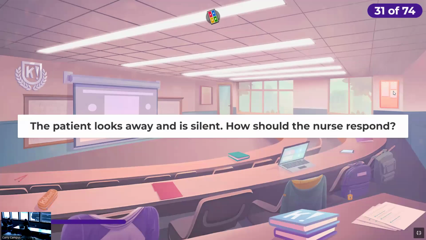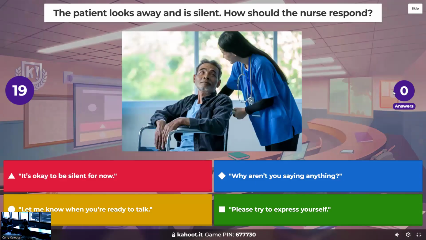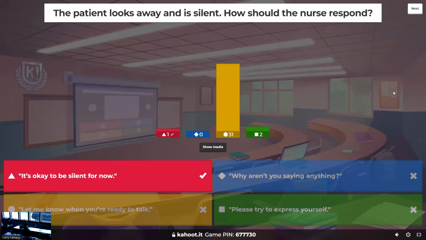Okay. The patient looks away and is silent. How should the nurse respond? And the yellow is, let me know when you're ready to talk. So this is an interesting one.